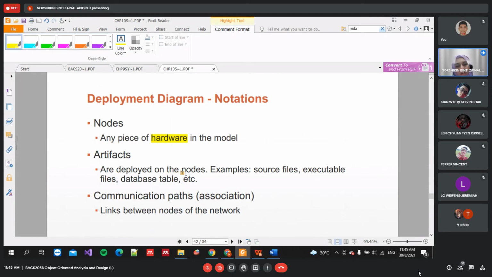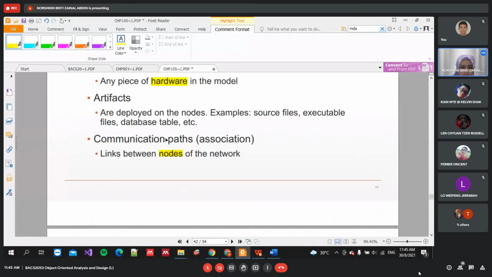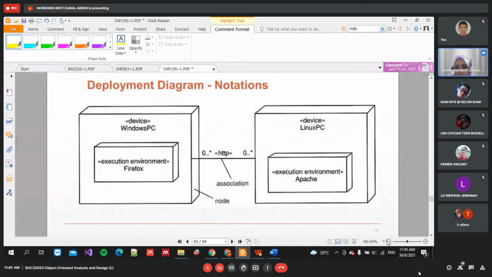Artifacts are deployed on the nodes, for example source files, executable files, database tables, etc. And this one is the common one, association: the link between the nodes of the network. So association between the hardware, for example how a server is related to our PC. Okay, so this is the node, and this is the example.